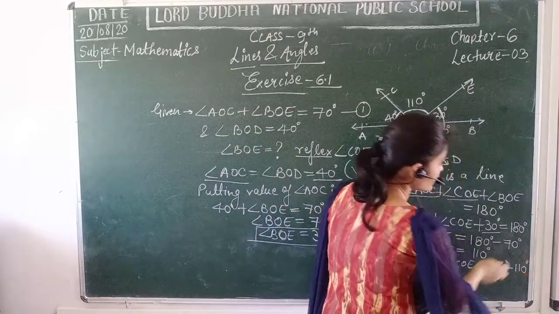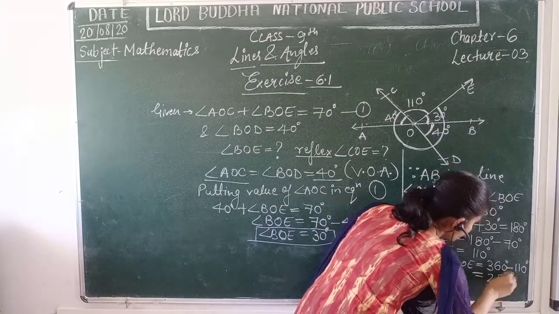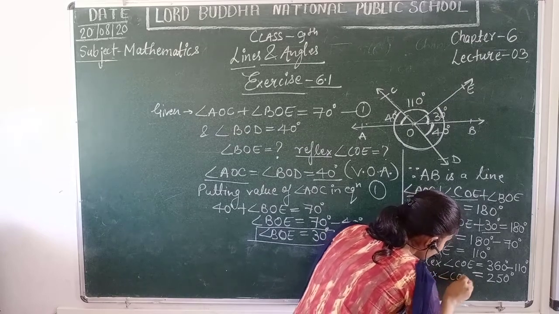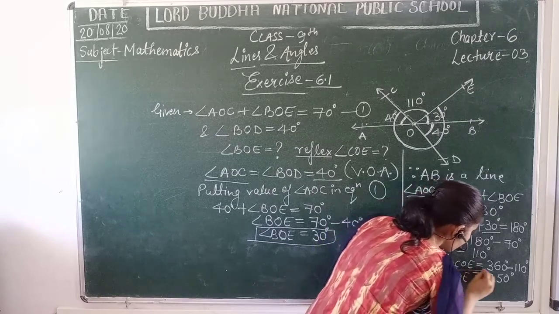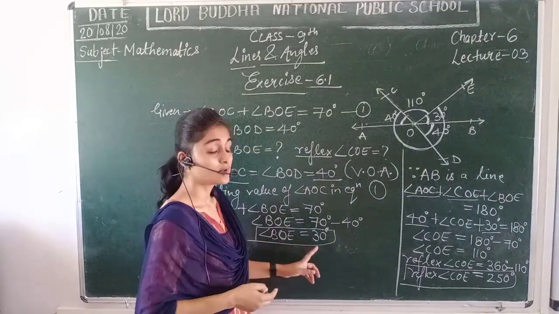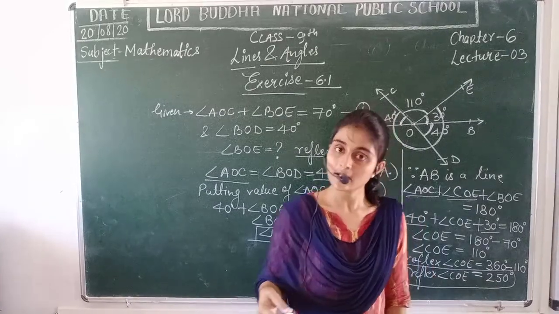So 360 minus 110, you will get 250 degrees. So reflex angle COE equals 250 degrees. So your two answers are BOE equals 30 degrees and reflex angle COE equals 250 degrees.